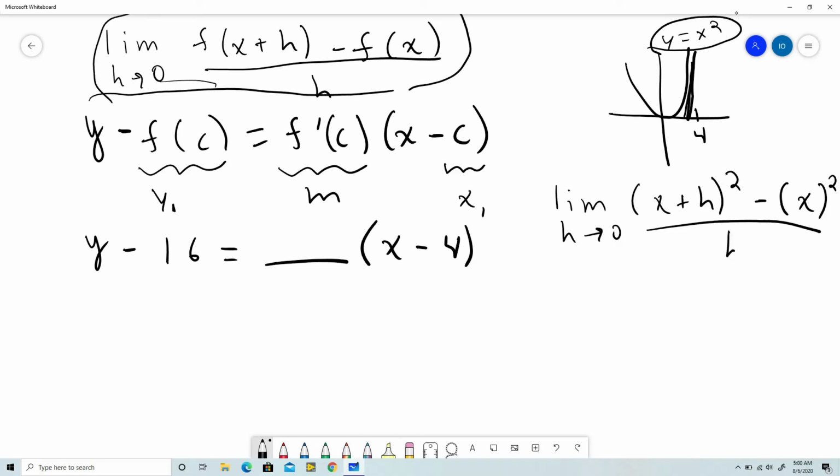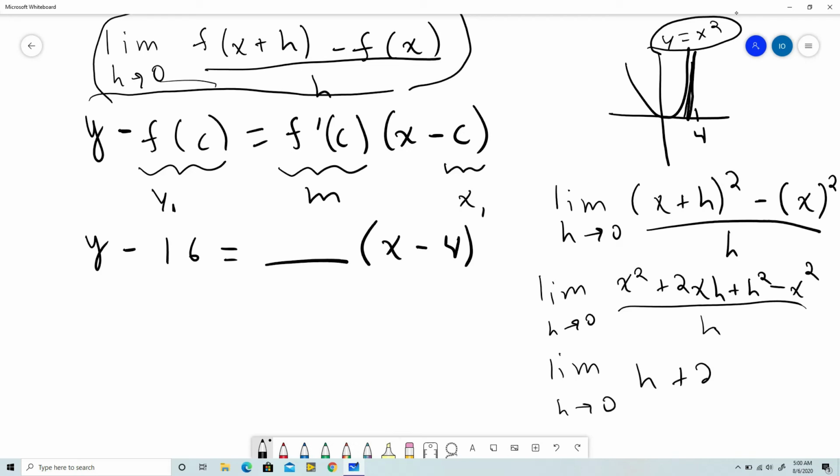Then you would just have h at the bottom, and you simplify. Again, since this is a limit, we can cancel out the h, and the remaining h would just be 0, so it cancels out. And the limit actually equals 2x.